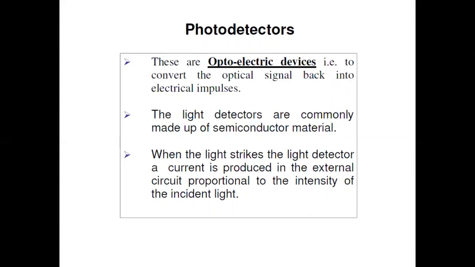In simple terms, it's just a reverse bias PN junction. When you strike it with a photon, it creates electrons and holes and a current, and that is used to change some physical property, most of the time resistance, and that is used for the detection.